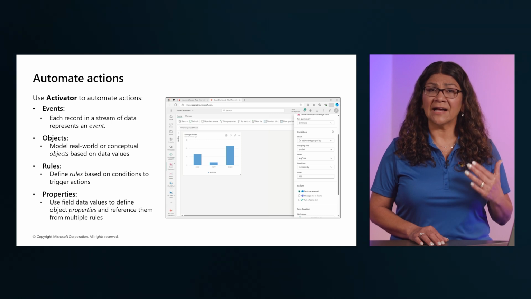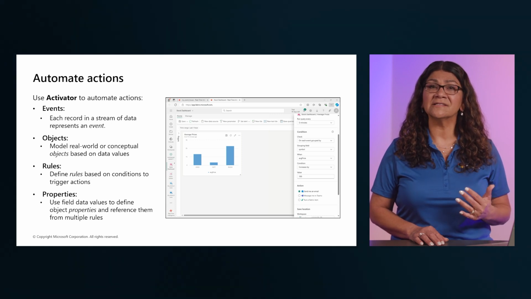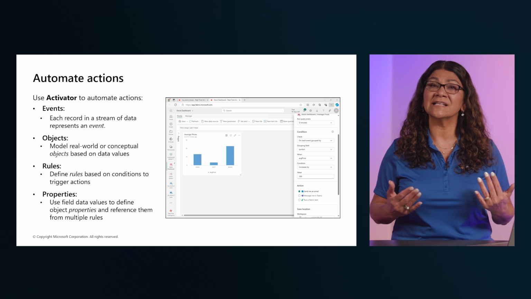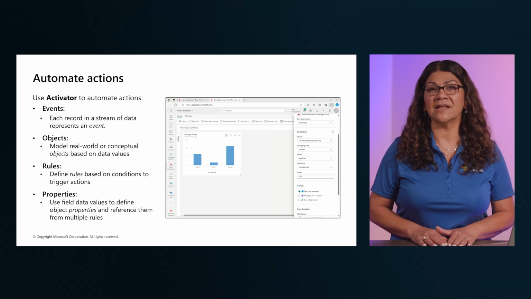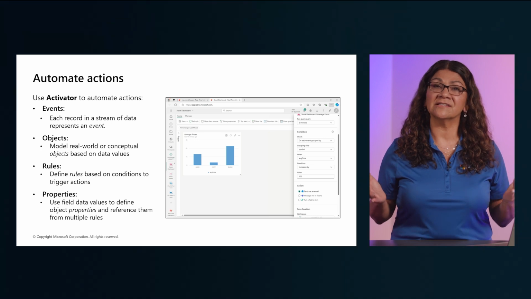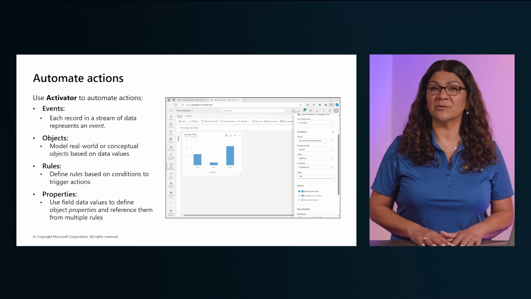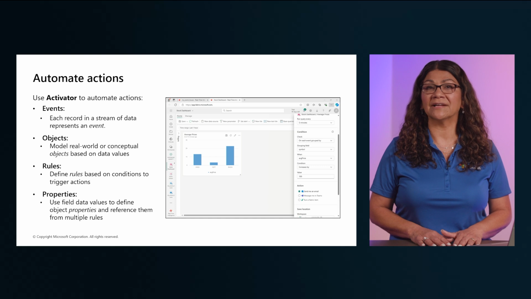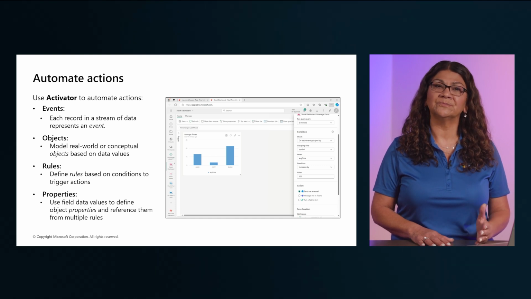Events. Activator considers all data sources as a sequence of events, each representing an observation about the status of a particular object. These events can occur frequently, as with the Internet of Things sensors, or less frequently, such as when monitoring package scanning and shipping locations.